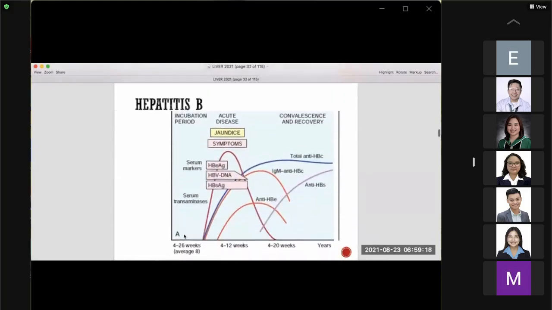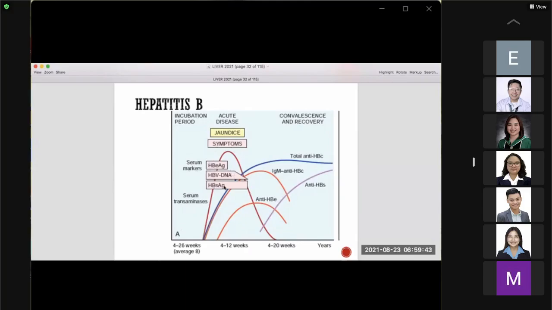So again, this is the clinical spectrum of hepatitis B. This is the period of incubation. Then we have certain increase in the liver enzymes during the disease process. And there is the rise and fall of the serologic markers.